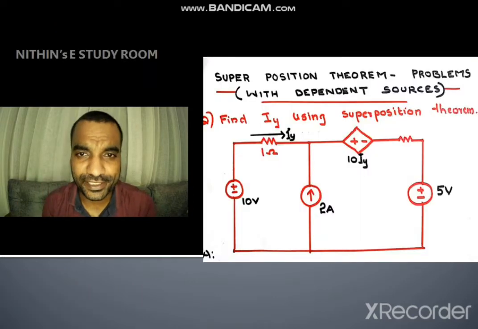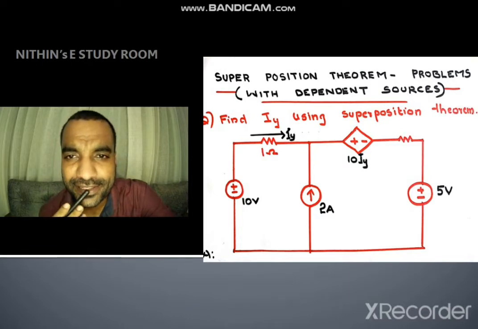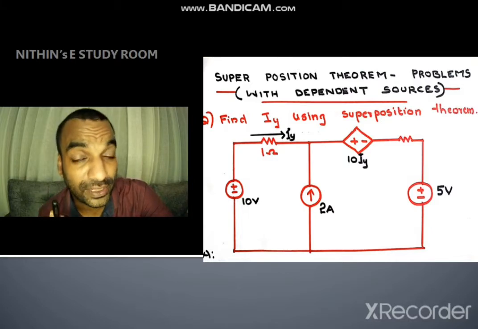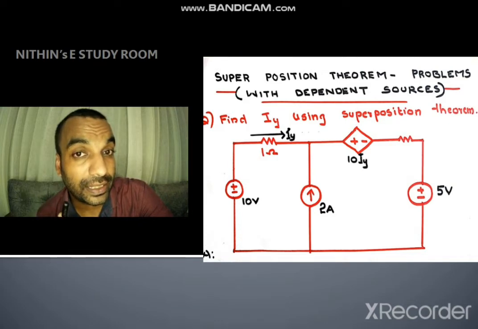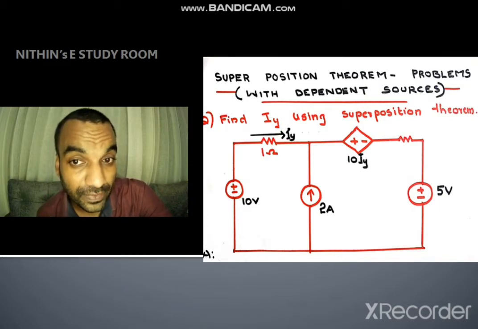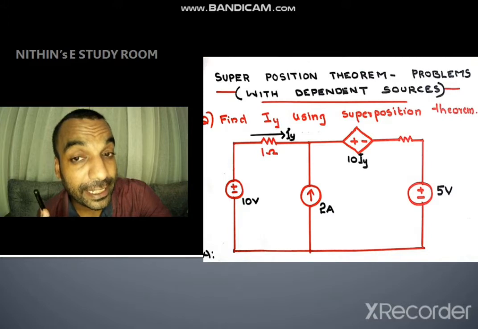Okay, this is the question. Here you can see it has 3 voltage sources. Among those, 2 are independent sources, which are the 10 volt and 5 volt sources, and there is a dependent voltage source, that is 10 IY.